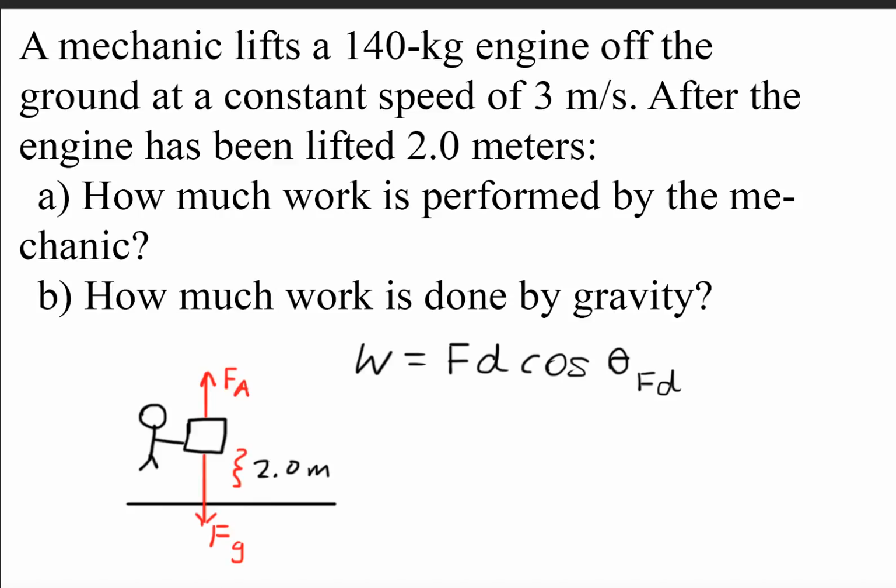Why? Let's draw this and rotate it for just a moment. So if we have the engine right here, and we have the displacement going up, we have the applied force going this way, and recall that it displaced 2 meters.